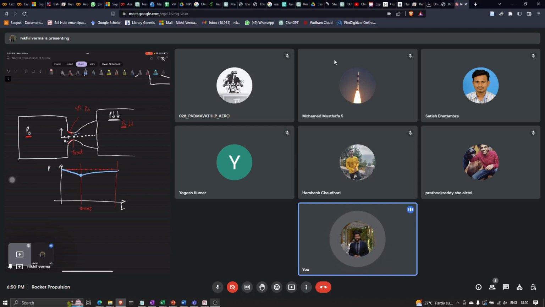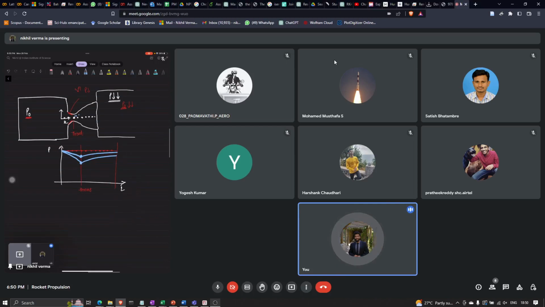Now we'll try to decrease the pressure again. So what will happen? The velocity will further increase. A condition will come where the velocity at the throat will be equal to the speed of sound.